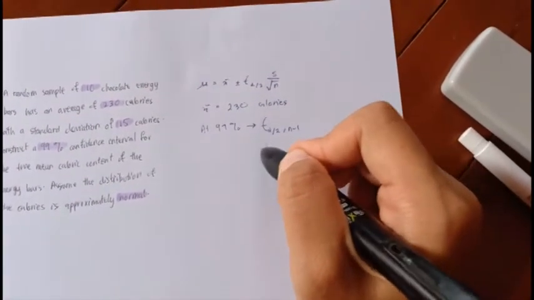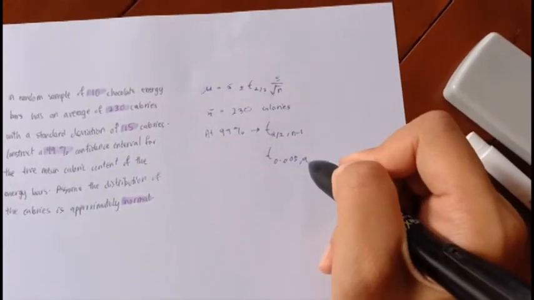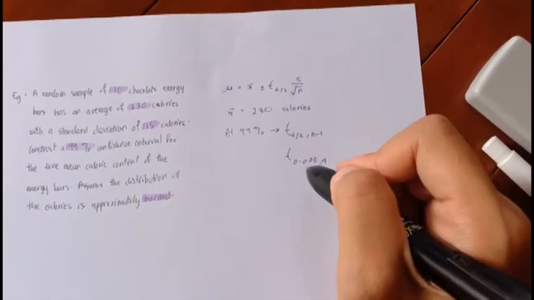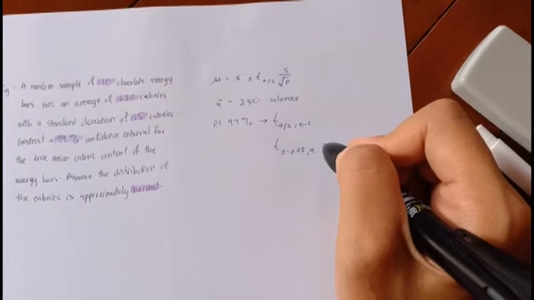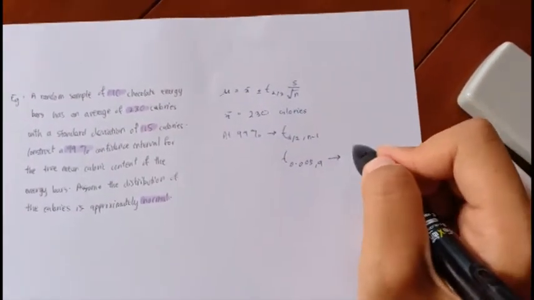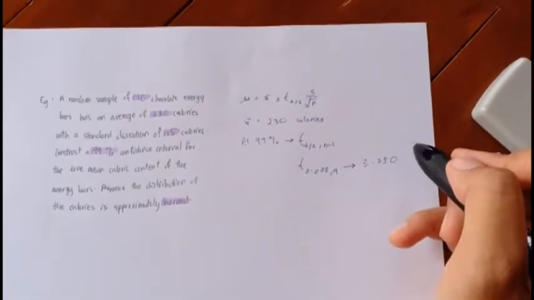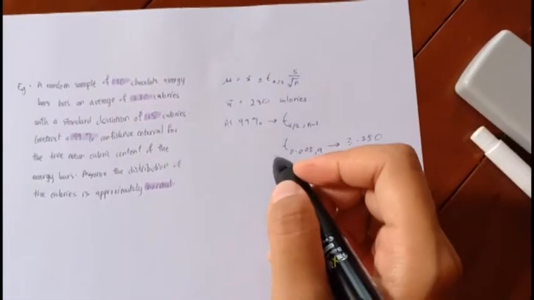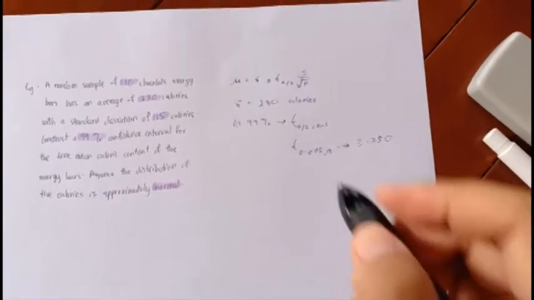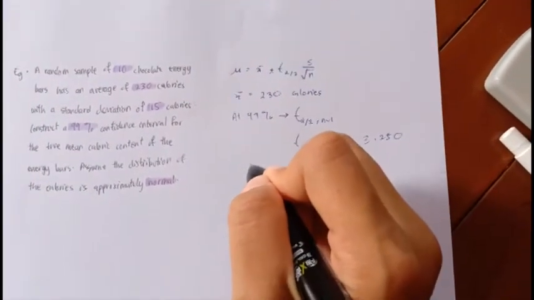0.005. And from this value, we will refer to the T distribution table. And from the table itself, we will obtain 3.250. Now we will need to find the error.